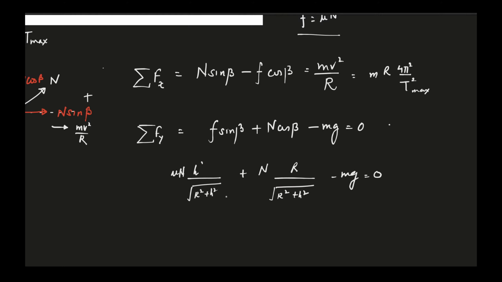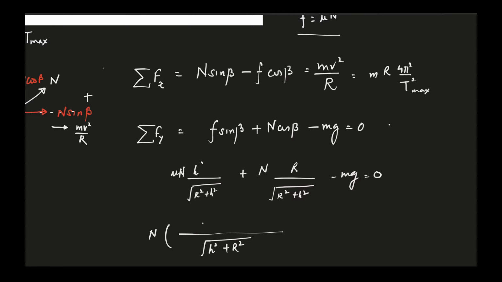Well, now I can take n common. So all you are left with is, you can see this is a common denominator, so h square plus r square.